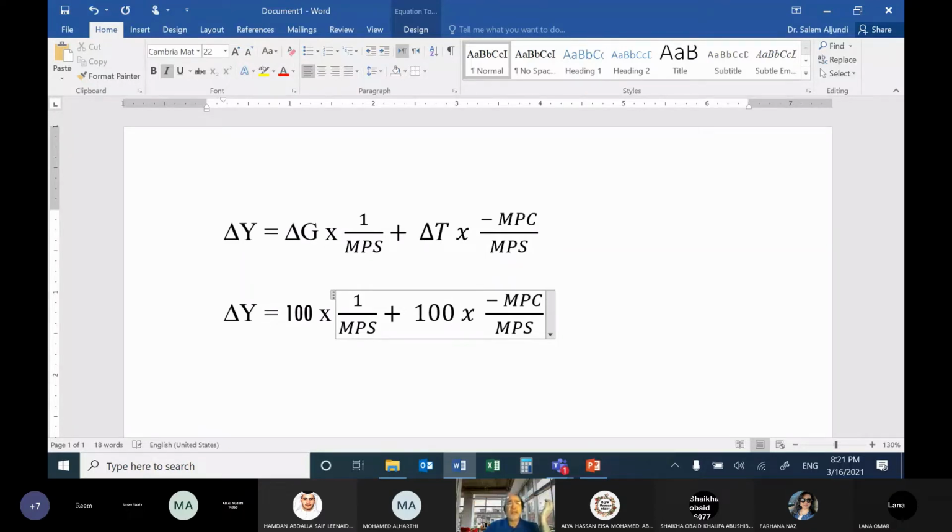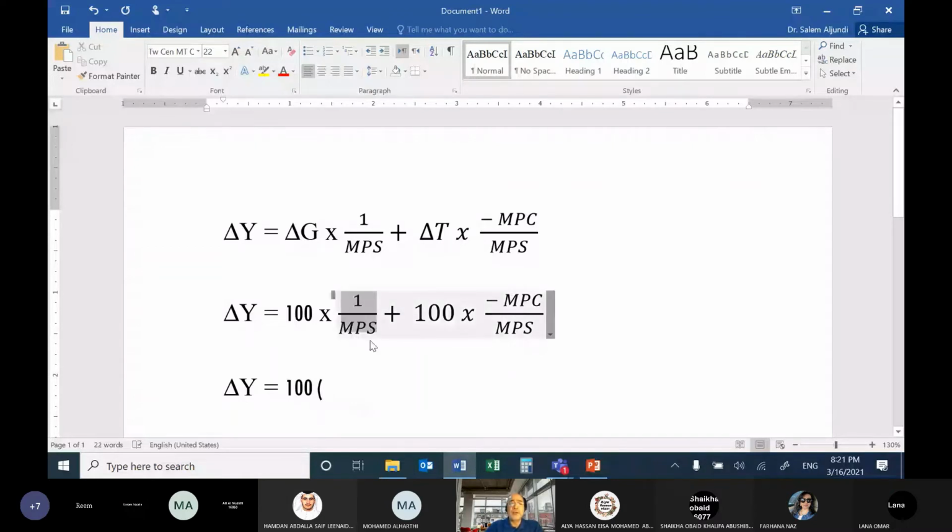Okay. So now we can calculate. Copy. So 100 put between two brackets.